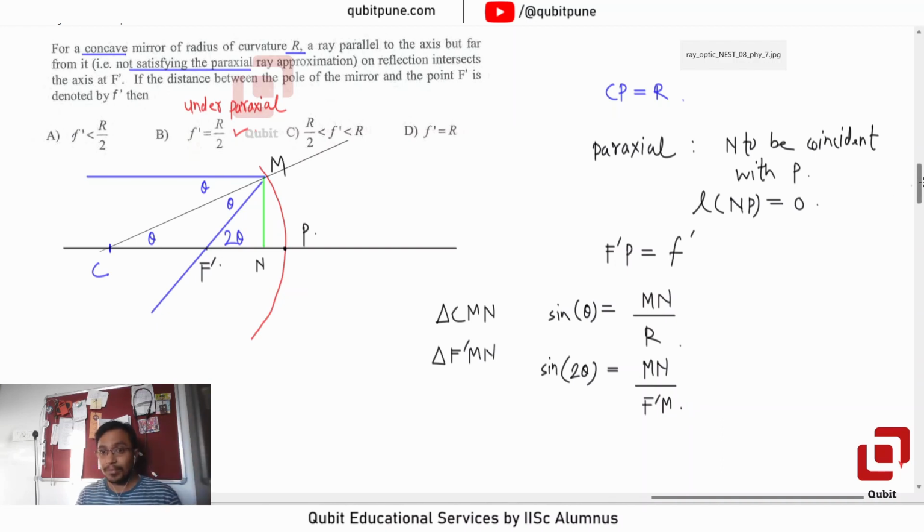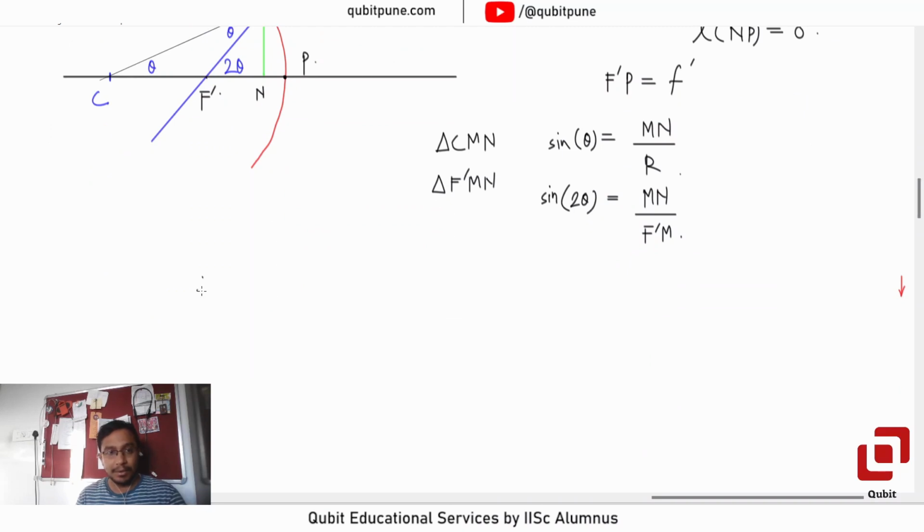Now look, what we can do is, we can say that sine 2 theta is equal to, what is going to be mn? Can I write mn as r sine theta? Of course I can. And now let us keep f prime m as it is for this step.